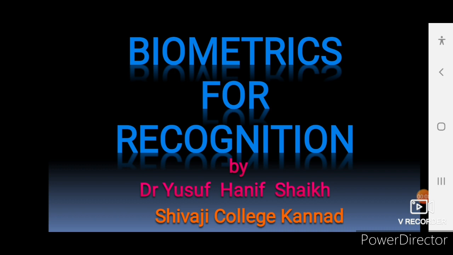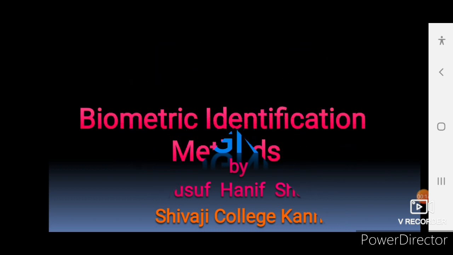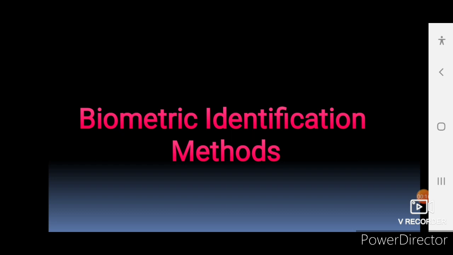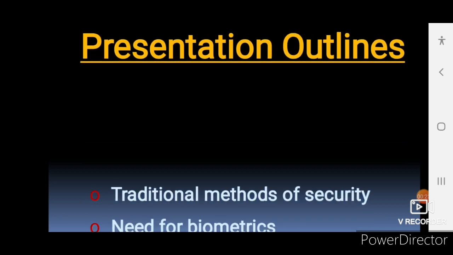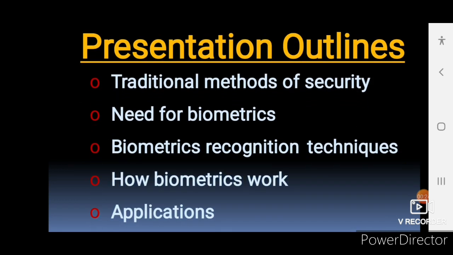The topic of my talk is biometrics for recognition. Biometric identification methods. I am talking on traditional methods of security, need for biometrics, recognition techniques, how biometrics works, and its applications.